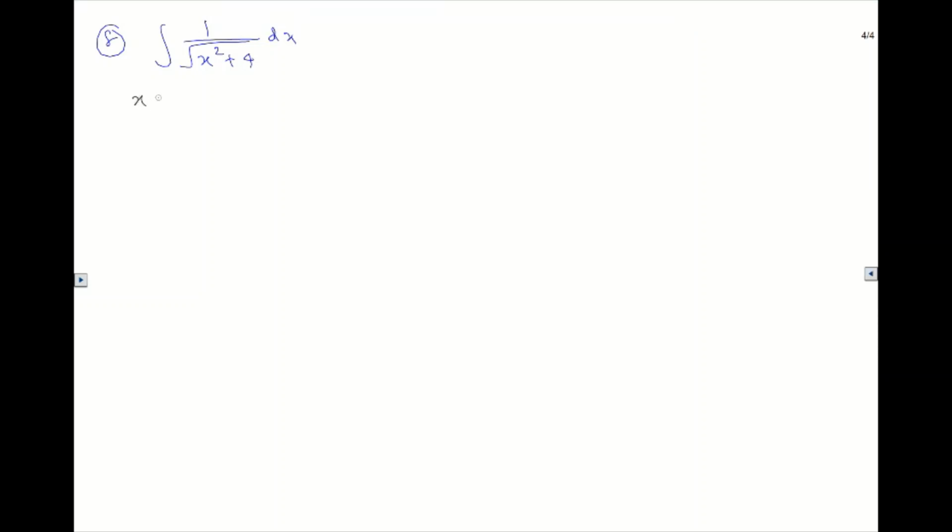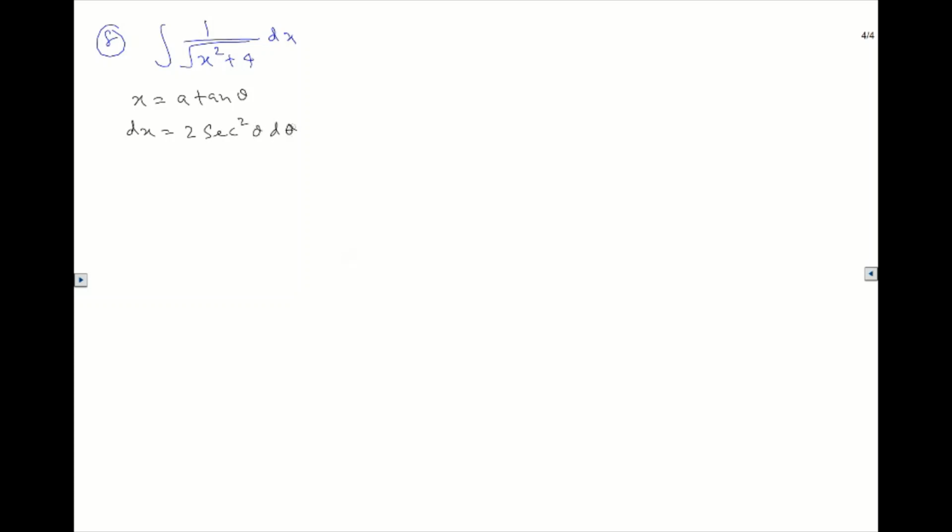So that means x equals a tan theta. Take the derivative, so dx equals, here a equals 2, so it's 2 secant squared theta d theta.